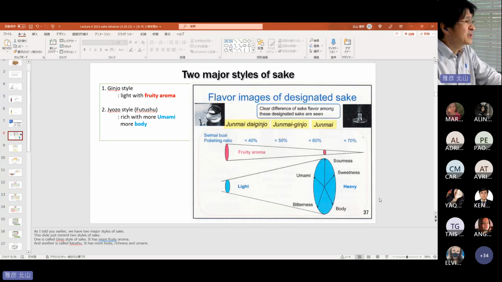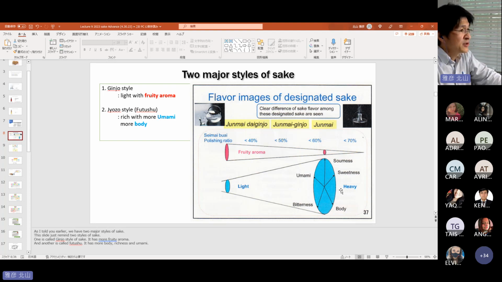This is the difference between sake made from large rice grain compared with sake produced from small rice grain that is highly polished. So 70% rice means we discard only 30% of the rice grain.